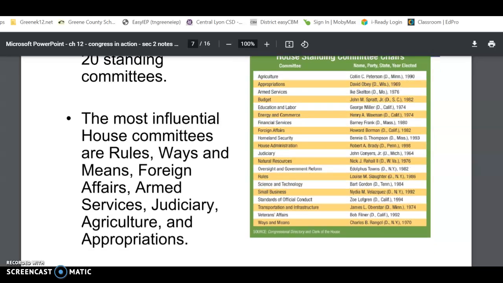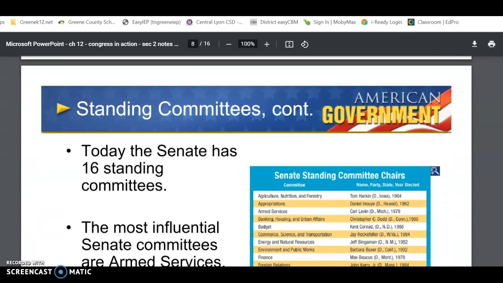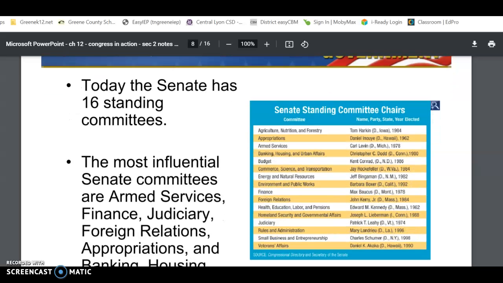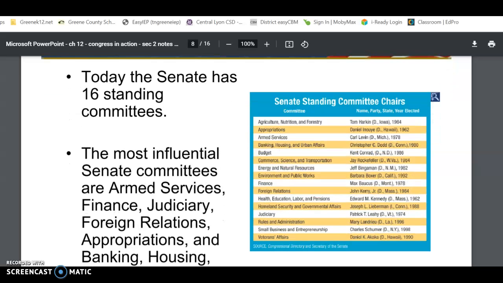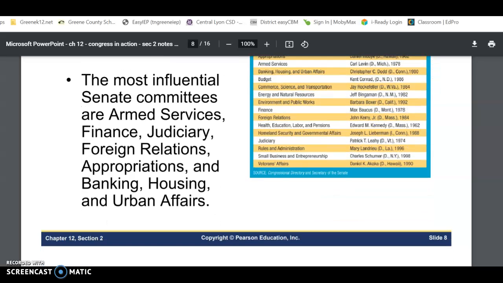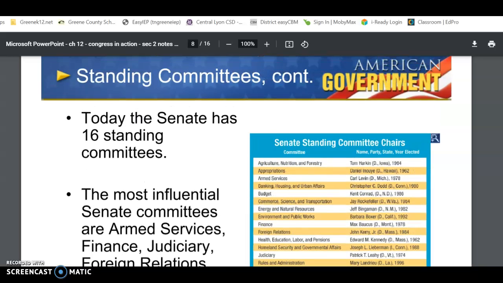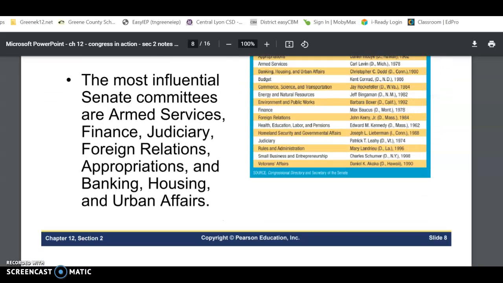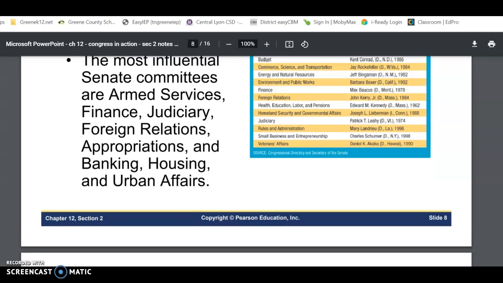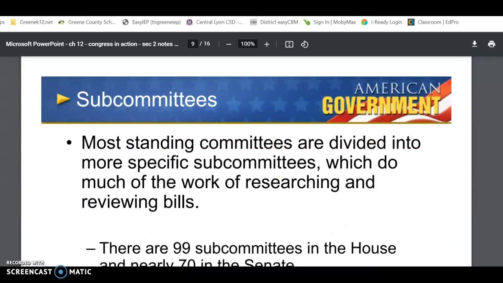Those are the most influential ones, the ones that have the highest standing. The Senate has roughly 16 committees, and those are a list of some of the most influential. They have the most power, those committees in the Senate.